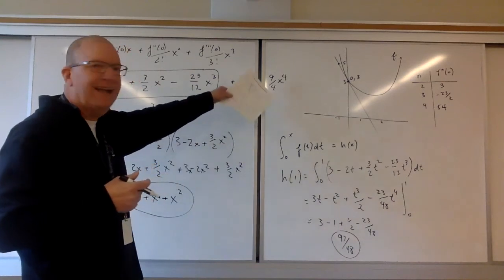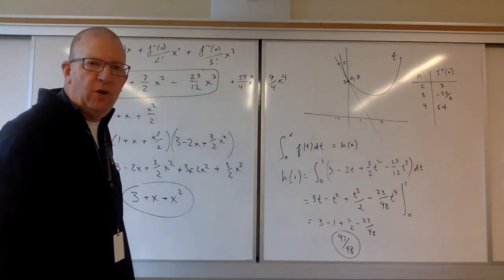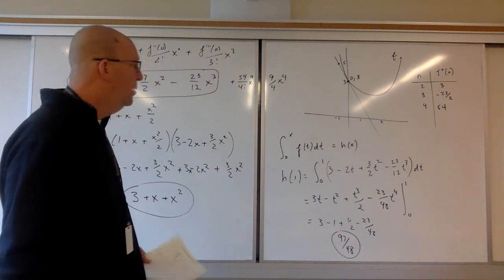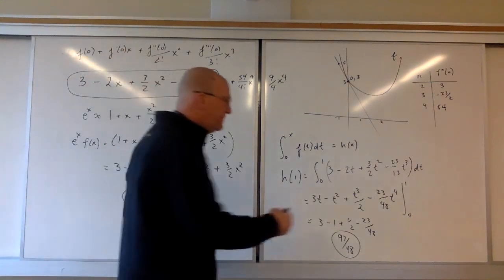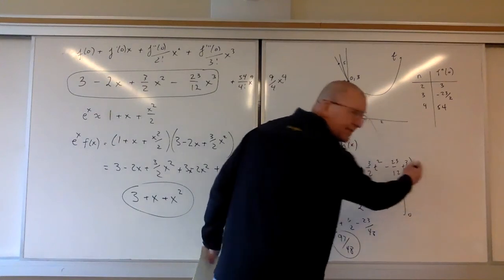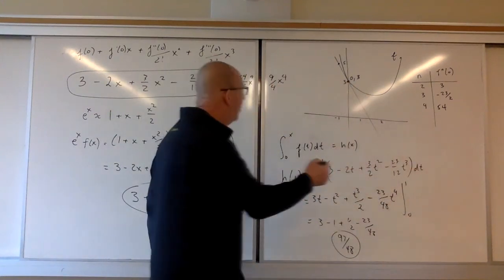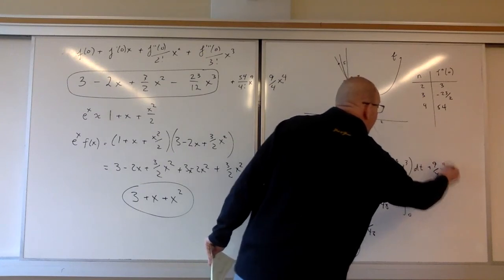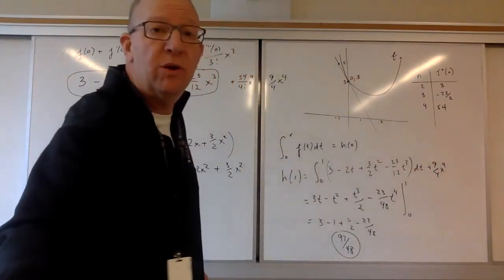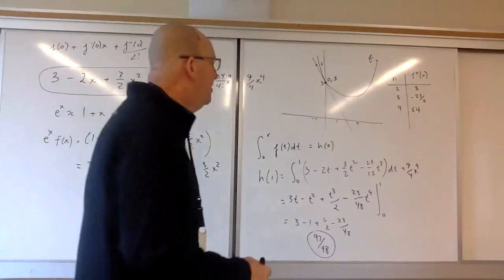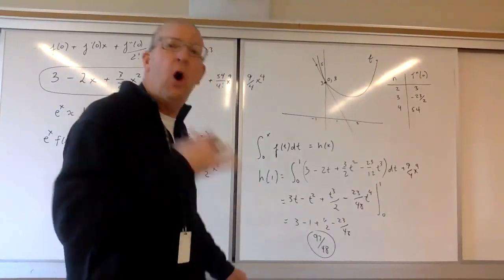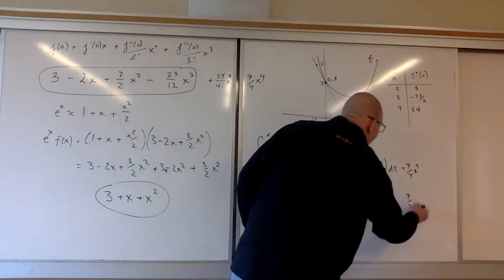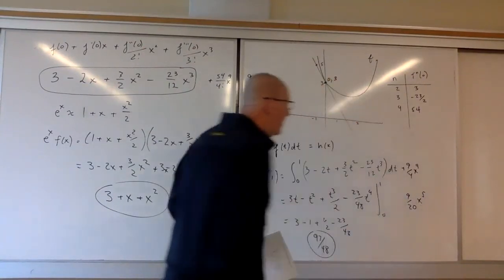Let's go back. That's that 9/4 x to the 4th coming back into play. So here we go. What would that have been out here? That would have been plus 9/4 x to the 4th. And when we integrate that, we would have 9/4 x to the 5th over 5, which would have been 9/20 x to the 5th.